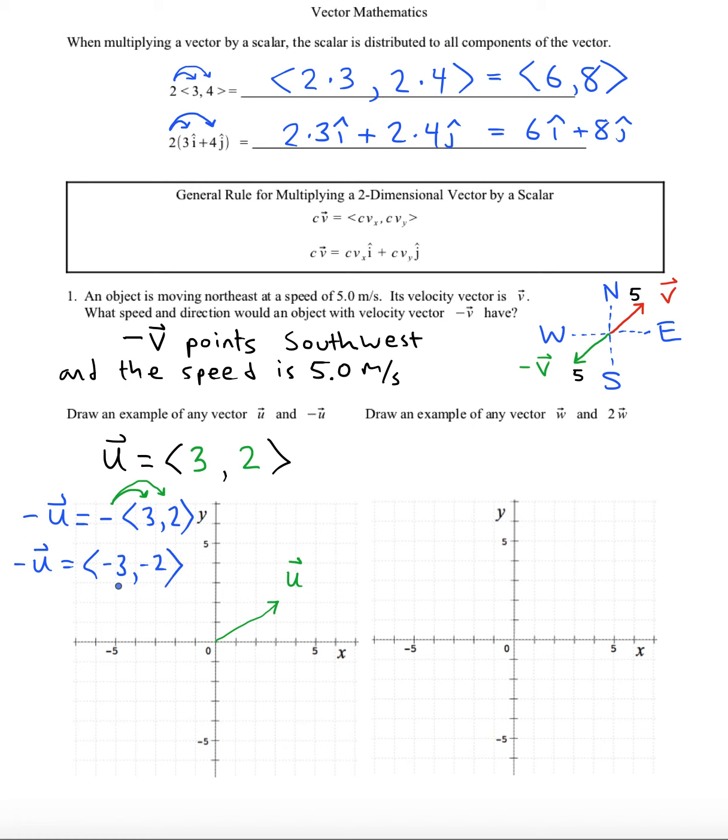Let's draw that vector now. You go to the left 3, down 2, takes you to here. And there's our vector, negative u. Notice that it has an equal magnitude, but an opposite direction by 180 degrees.